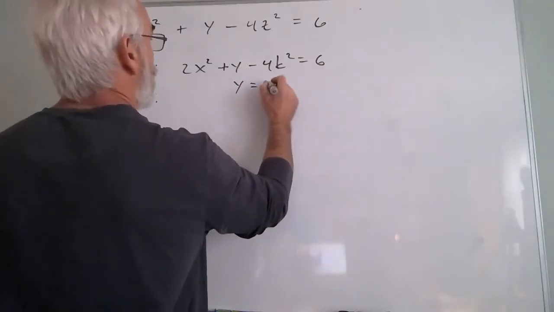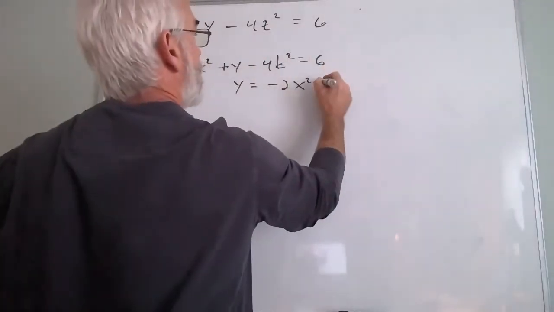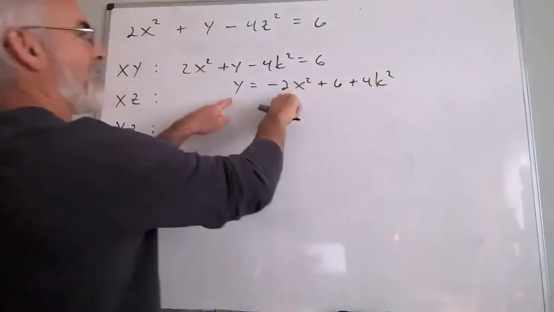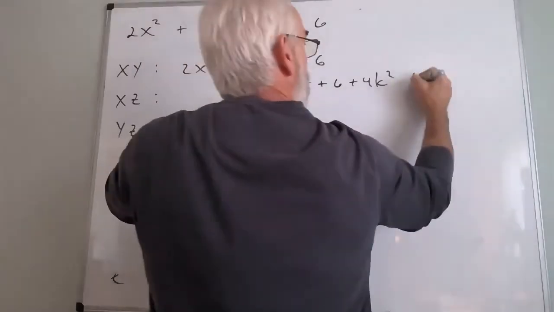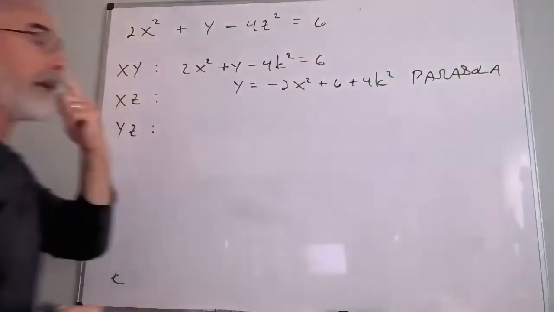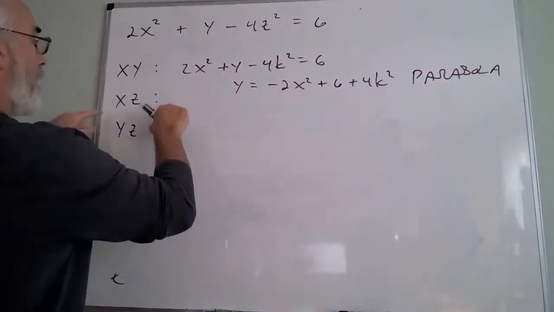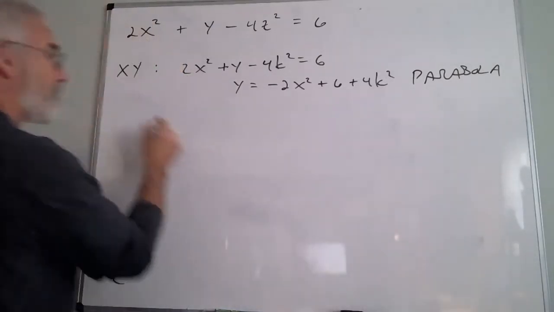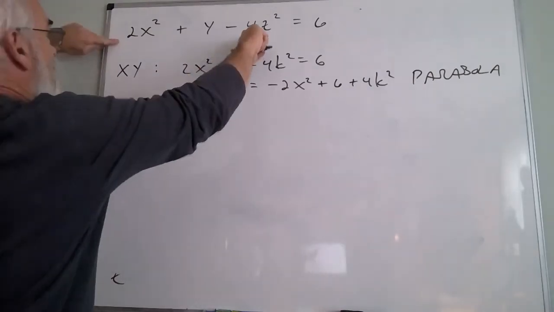So I'm going to write y equals negative 2x squared, throw everything on the other side, plus 6 plus 4k squared. It's a little more obvious now. This is y equals negative 2x squared plus a big constant. So clearly that's a parabola. Now let's do the same thing in the XZ plane.